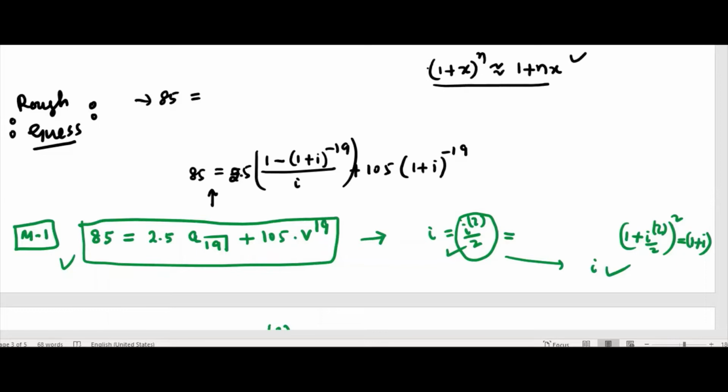Let me write 1 minus 19i, divided by i, into 2.5, plus 105 (1 minus 19i). Even if you do all these things, finally you have to solve using interpolation.